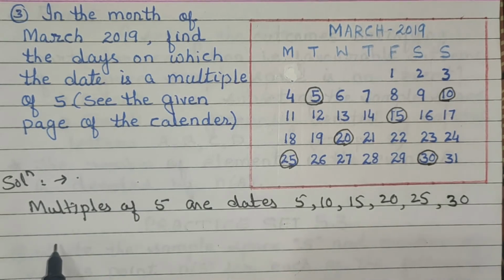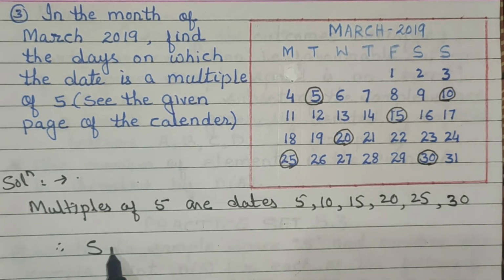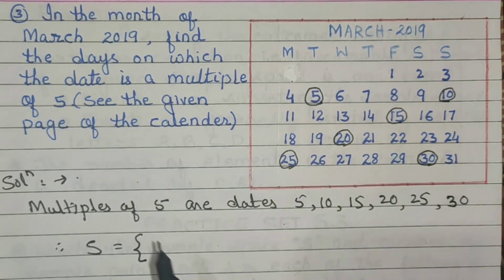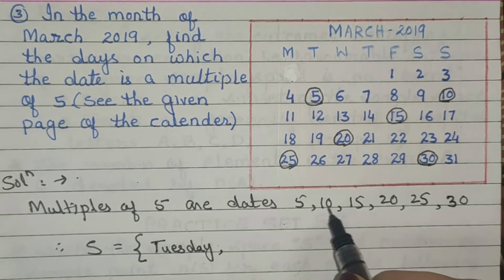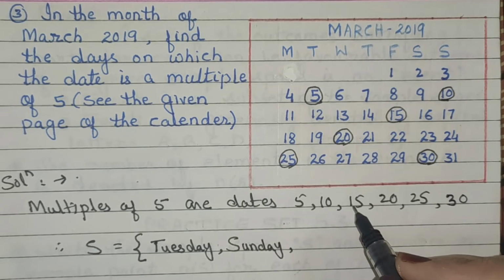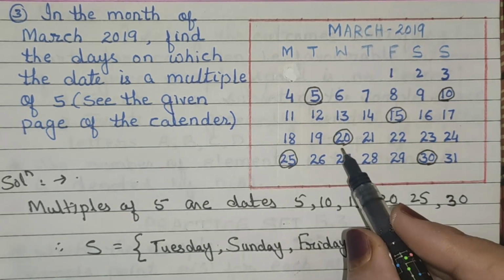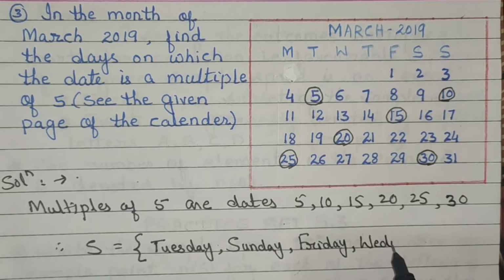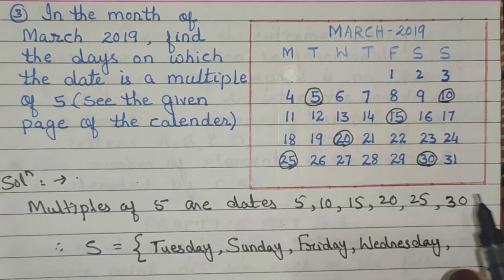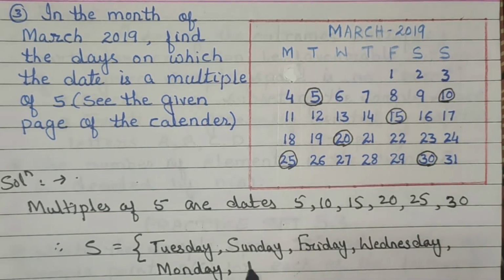Therefore, the days on which the date is a multiple of 5 are: 5 Tuesday, next 10 Sunday, next 15 Friday, next 20 Wednesday, next 25 Monday, and last one is 30 Saturday.